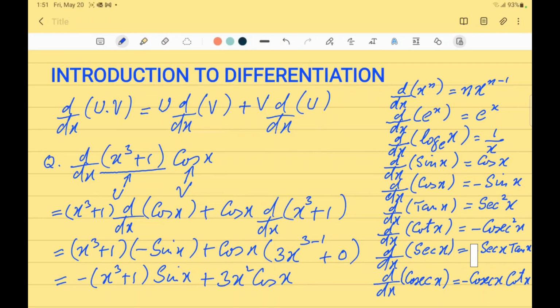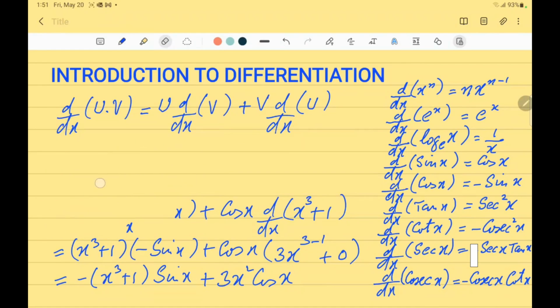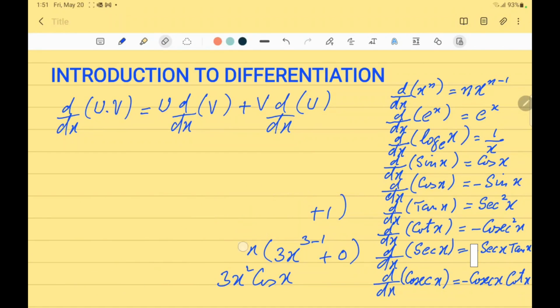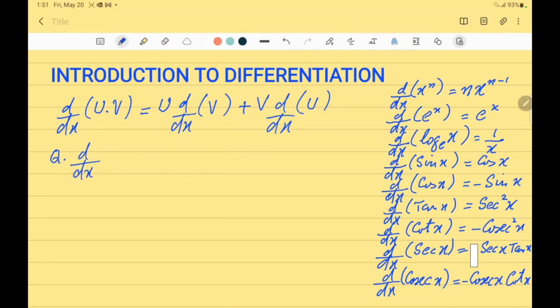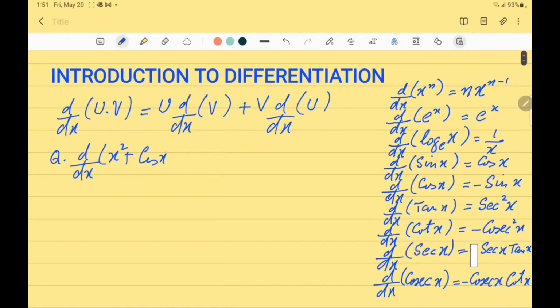Let's try a different type also. d by dx of x squared plus cos x into x squared minus tangent x.